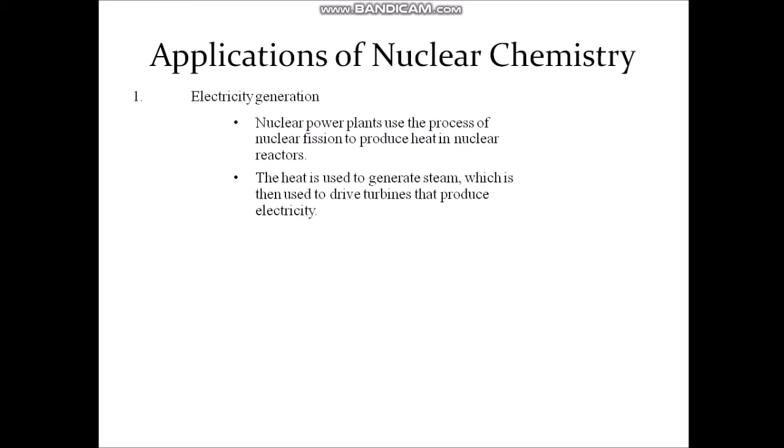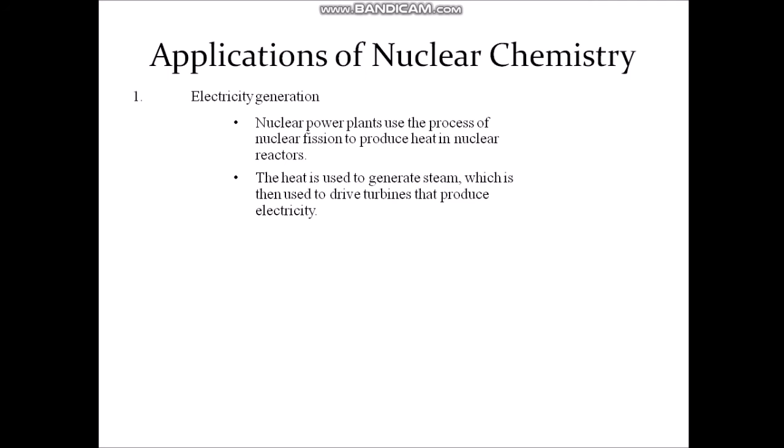At first is the generation of electricity. Nuclear power plants use the process of nuclear fission to produce heat in nuclear reactors, and these are controlled. So if something goes wrong, boom, you have a nuclear explosion, and a nuclear explosion can cause so much destruction, not only in the immediate aftermath of the explosion, but even for a very, very long time, for many generations, because the radiation is always there.